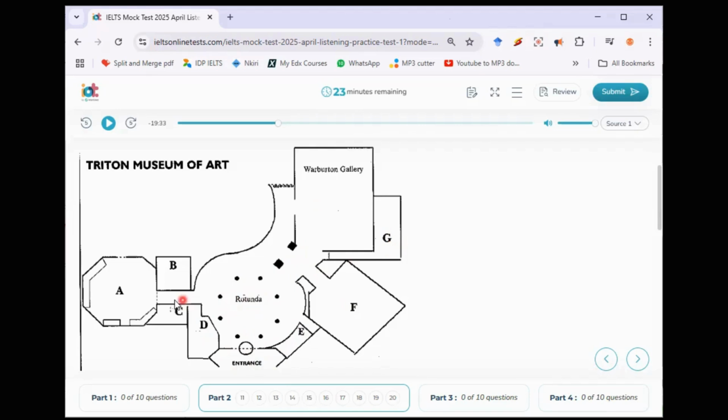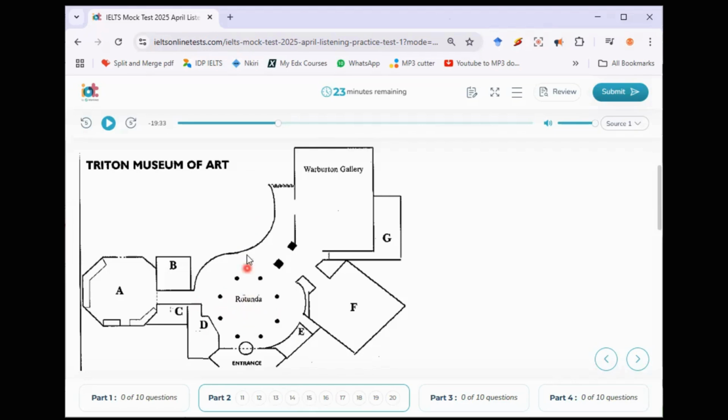So from the rotunda to the left, I am imagining myself here in the rotunda. You always face forward anytime you are starting with any map. Look at the direction I'm pushing my red highlighter.